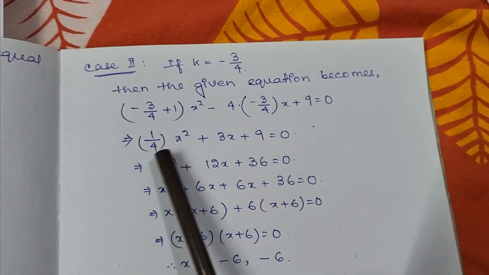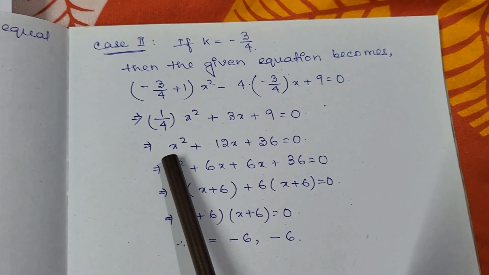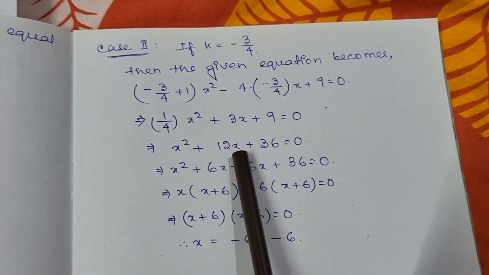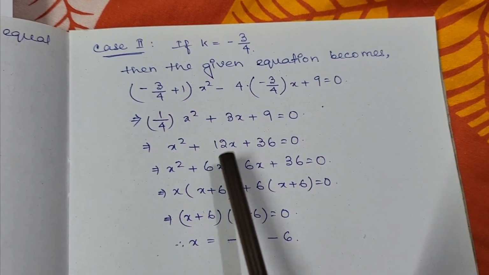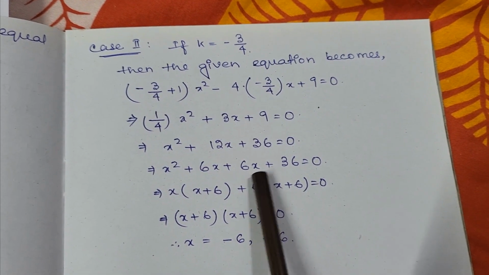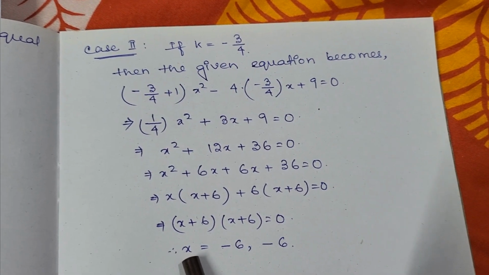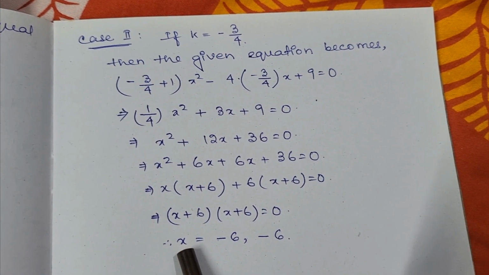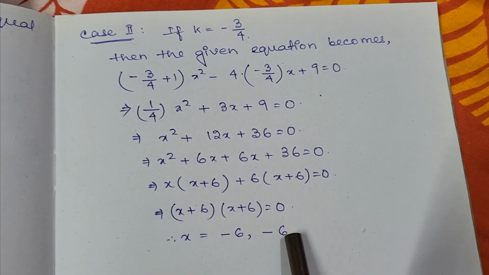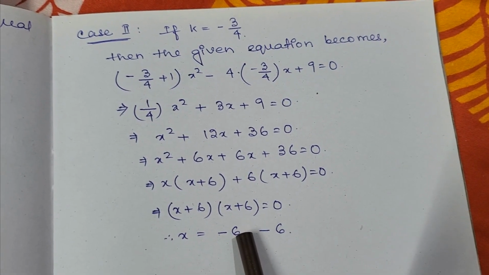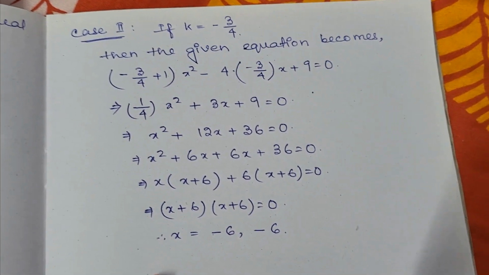Now 4 is getting multiplied with every term of this equation, so we get x square plus 12x plus 36 is equal to 0. On writing 12x as 6x plus 6x, we see that the values of x are minus 6 and minus 6, which are real and also the roots are equal. Thank you.